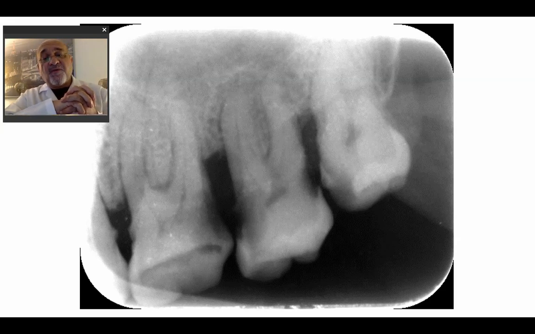I think by now, if we see an X-ray of an edentulous patient, we can know from the anatomical landmarks whether this is a maxilla or mandible, and which area this is, whether it is incisors or canines or premolars or molars.